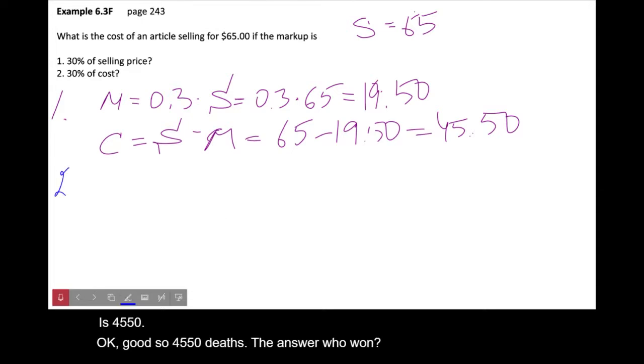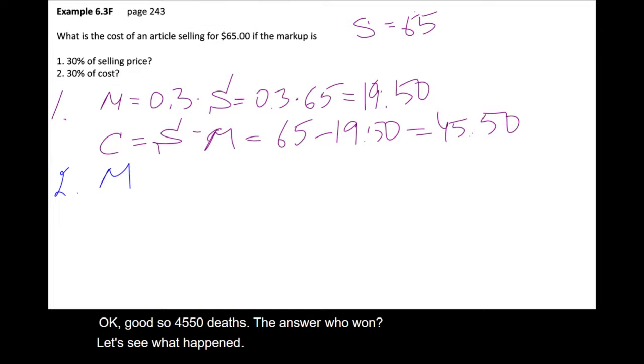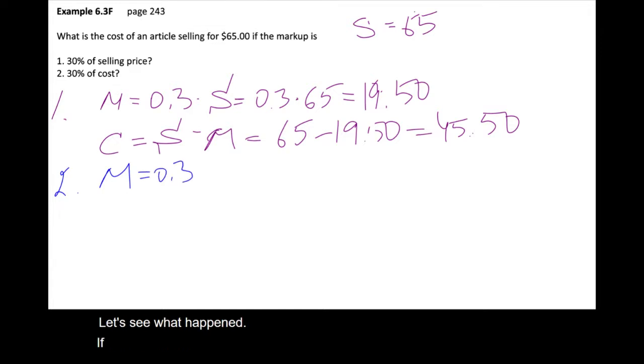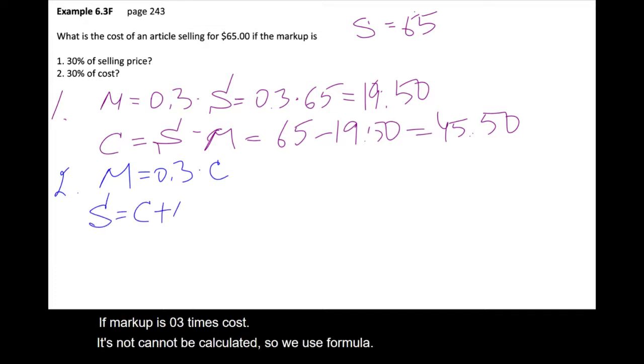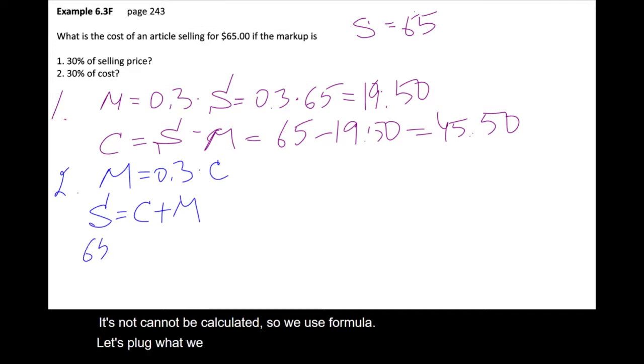Now let's see what happens if markup is 0.3 times cost. It cannot be calculated right away, so we use the formula. Let's plug in what we know: 65 equals C plus 0.3C. Now we're going to use black magic.